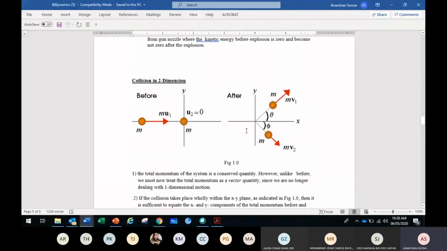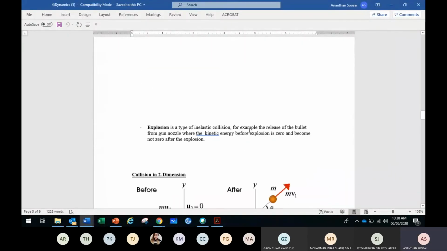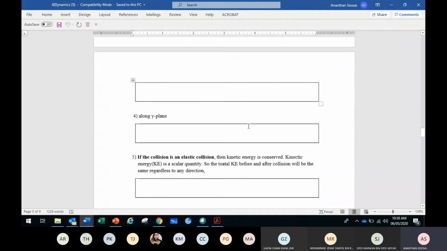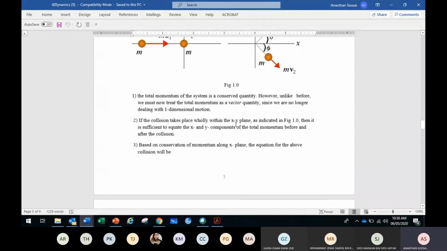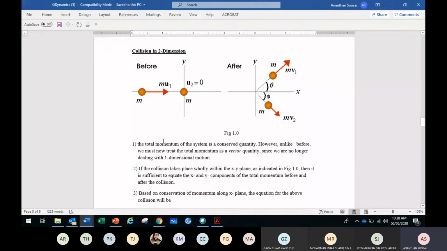For this, where is it? Oh, sorry. To explain how this equation is going to be, you need to fill up.